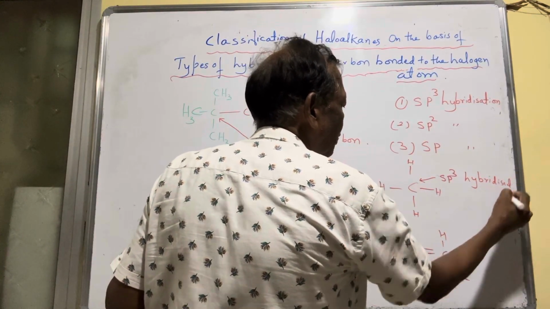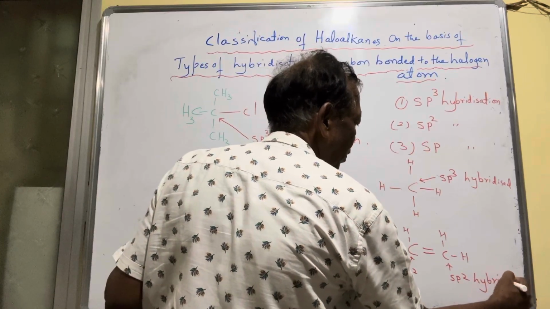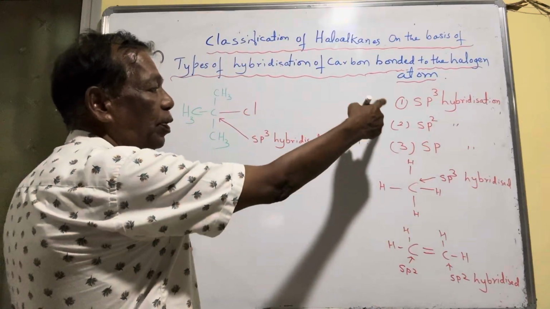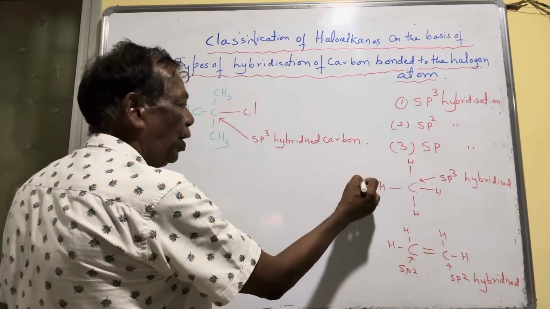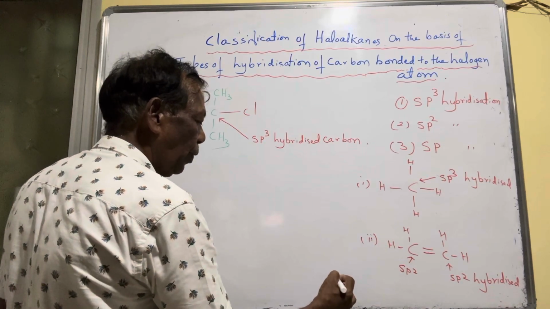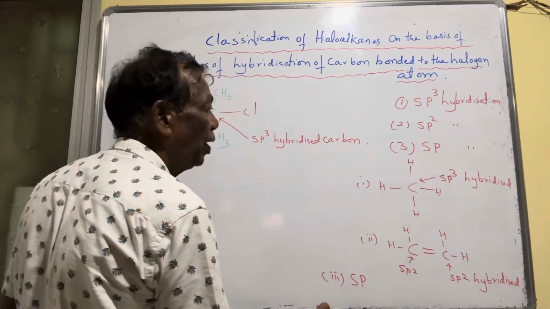This is sp2 hybridized. And if there is, say, I am talking about only 3. So here 1, 2, and the third one is when it is sp hybridization.